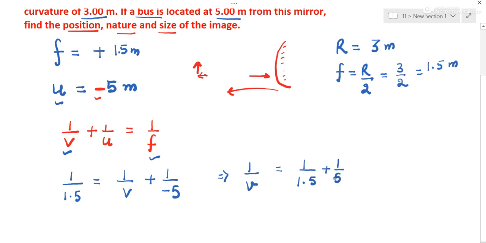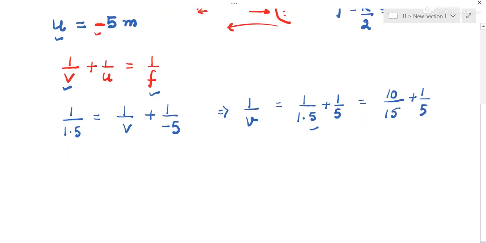When we remove this decimal, we can write it upon 10, and that 10 will go up. This is 15 by 10. Now you can take the LCM and add.